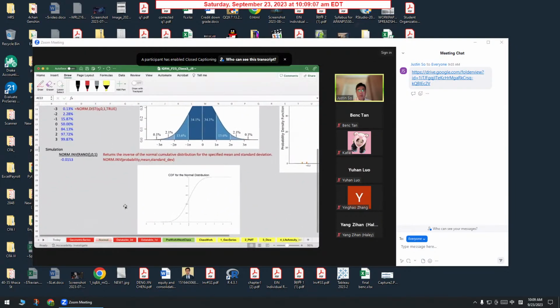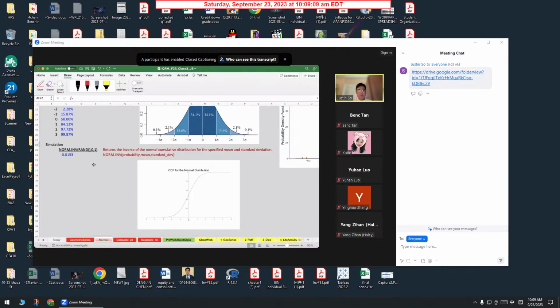Stock return. Now, moving to the basics of the simulation part. There's a function given to you here, norm.inverse, and then the random function inside, and 0 and 1.